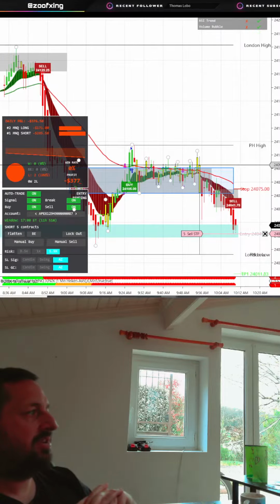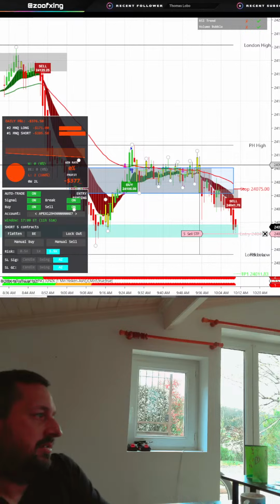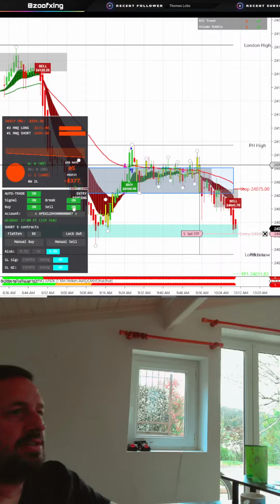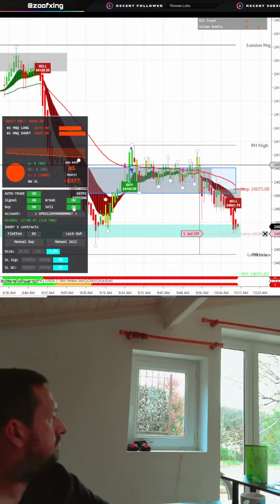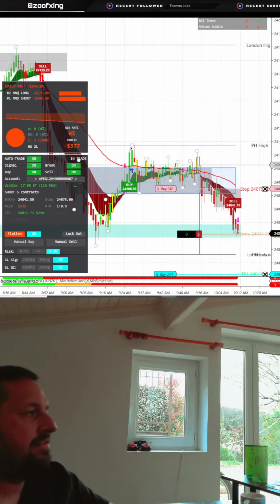So I'd imagine it's going to be about 350, 300 for the trade. Make sure it works. See if we get tagged in. All right, we got tagged in, our stop set, our TP set.